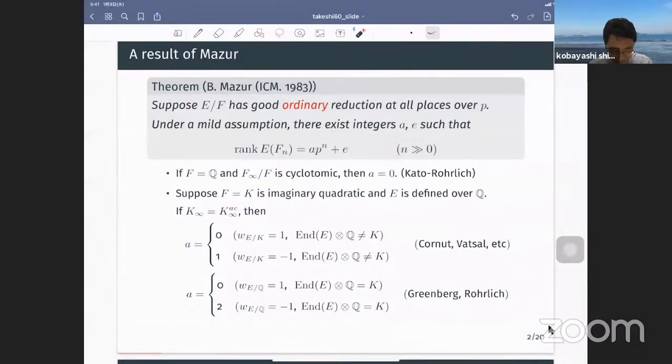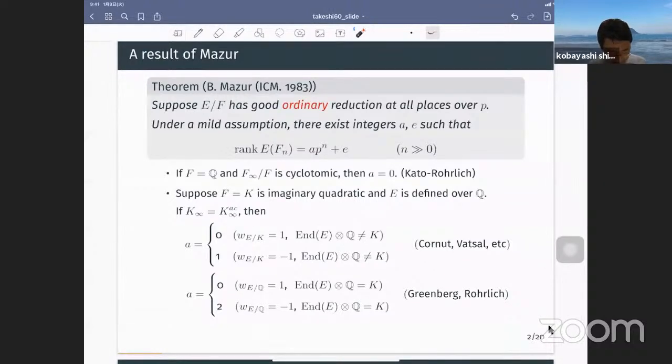The root number over K is always +1, but the root number over Q may not be +1. So depending on the root number over Q, a is 0 or 2. This is the exceptional case.